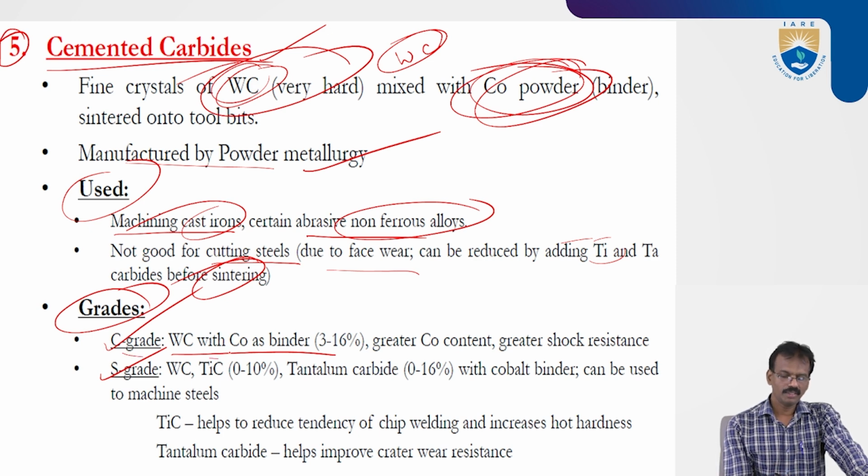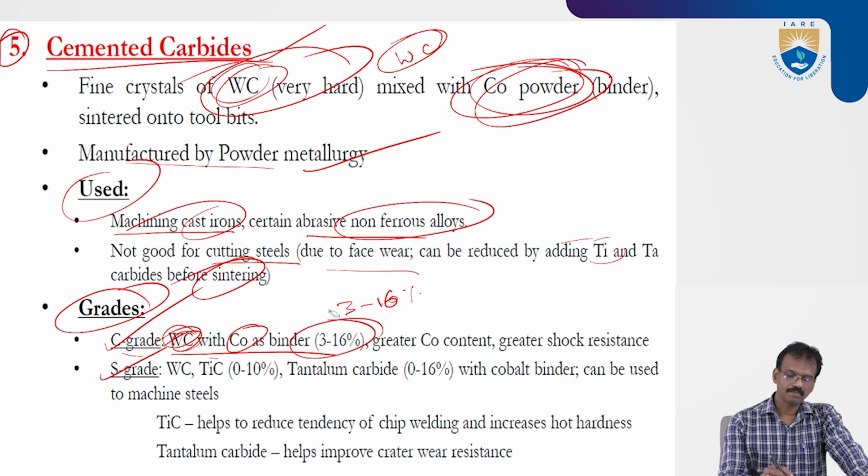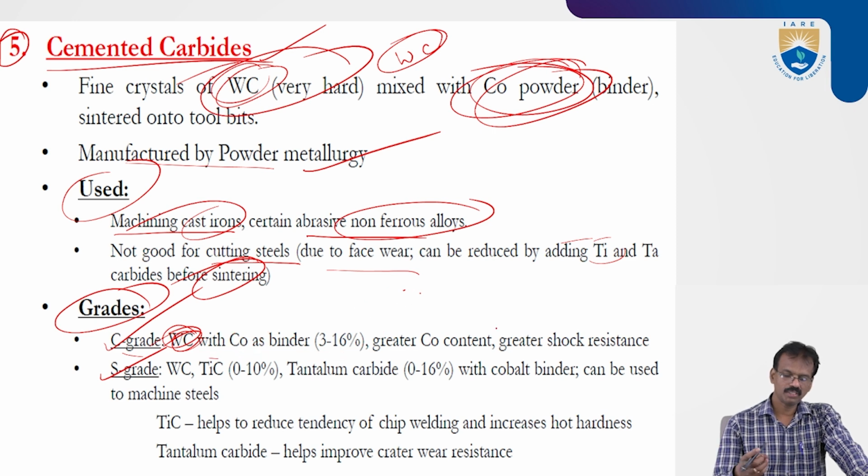Here in the C grade, the cobalt powder composition is 3 to 16 percent, because tungsten carbide with cobalt is used as a binder. Okay, the percentage of cobalt is 3 to 16 percent. You can see.